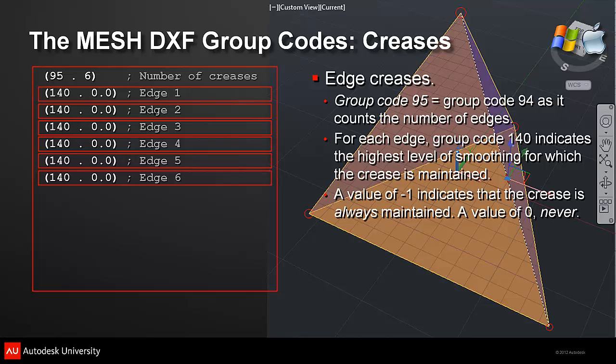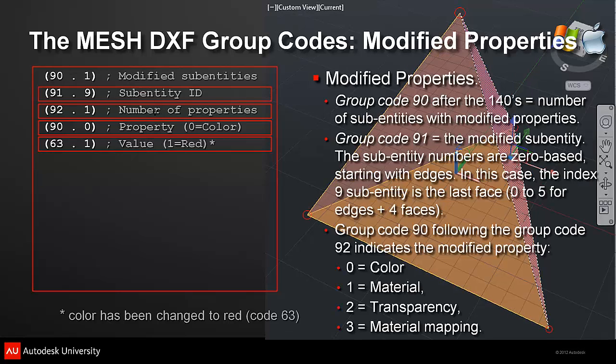If -1, it is always maintained, and with 0, never. Finally, if any subentity has been modified, it will be specified by a sequence that follows group codes 140. It begins with a group code 90 that indicates the number of subentities with modified properties.